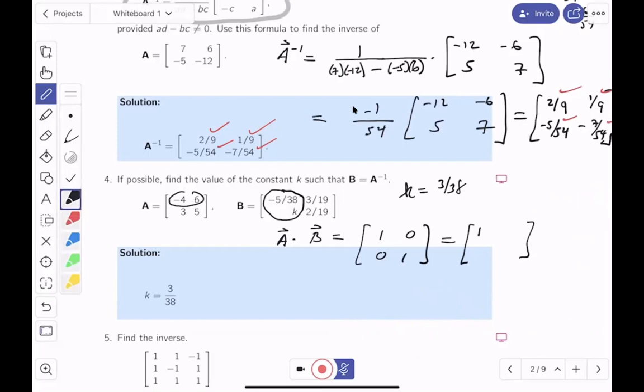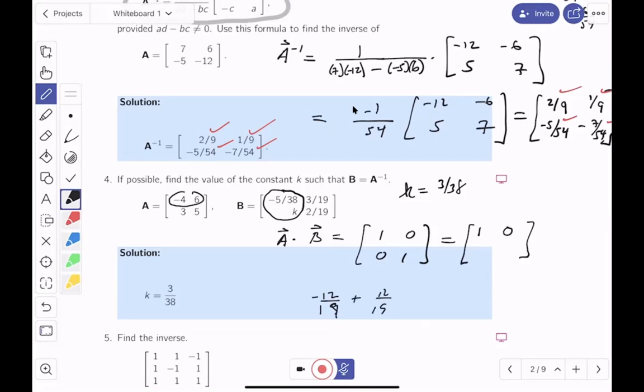Well, minus 4 times, let's see, we're doing row 1 times column 2 now. That's going to give me minus 12/19ths plus, let's see what I get over here, 12/19ths, which is 0. This is good news.